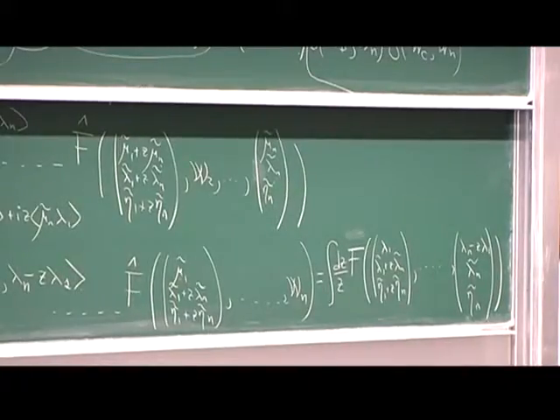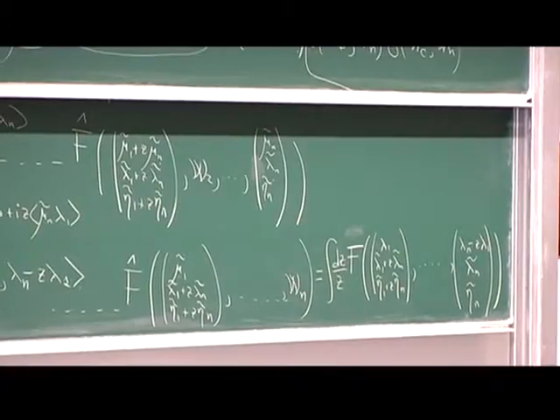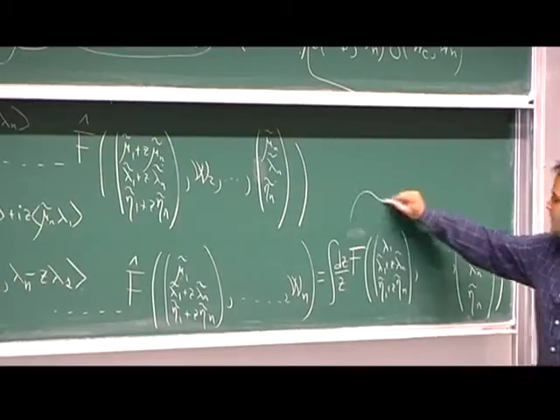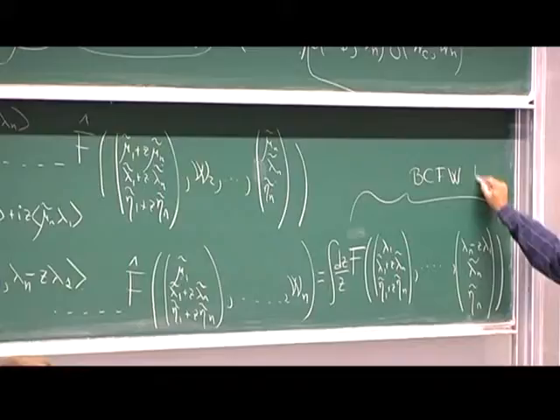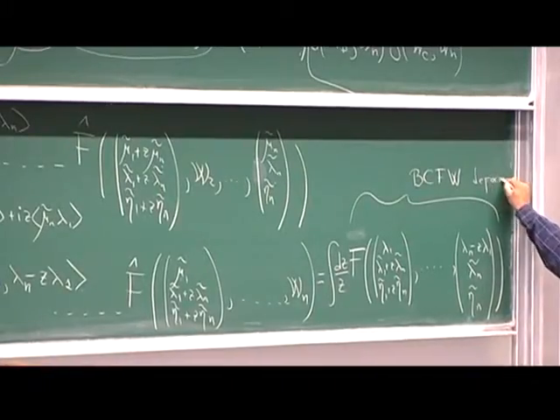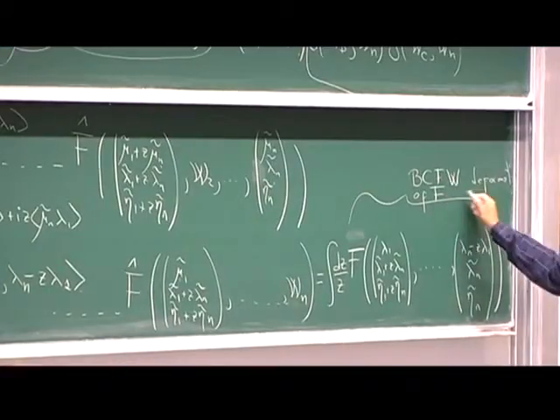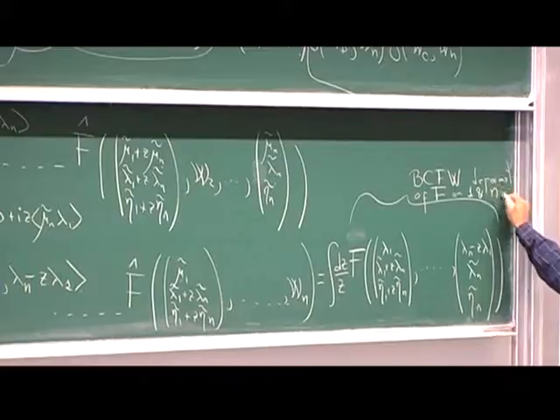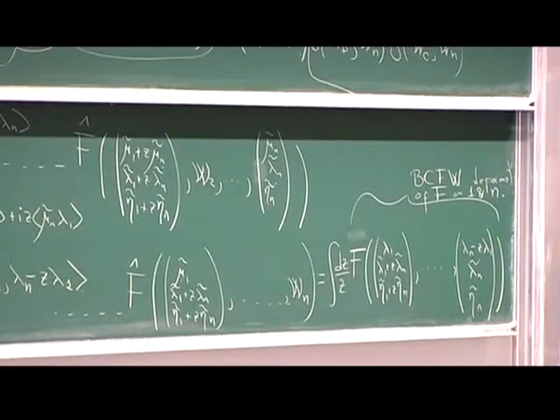Does anybody recognize what this is? Yes, exactly. This is nothing but a BCFW deformation of f on 1 and n. In fact, it's a supersymmetric version, right?